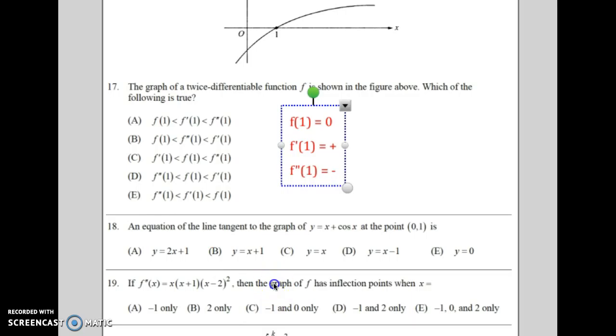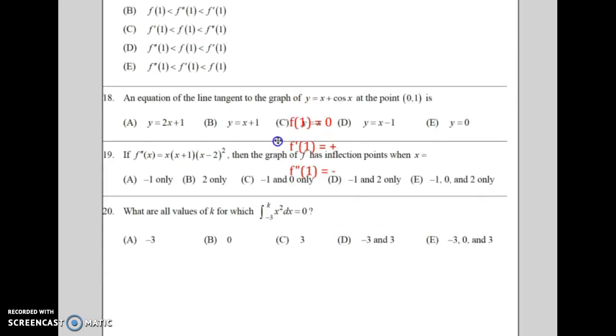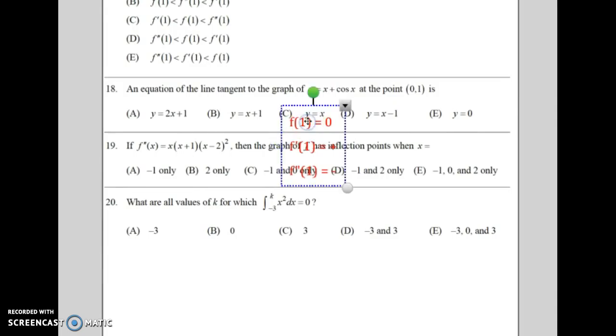Okay, looking at 19, the points of inflection, you are considering the second derivative, which is here. And the critical values are 0, -1, and +2. Usually it is a sign that because of the square on this factor, the 2 here, it's likely not going to change signs when you make a number line.